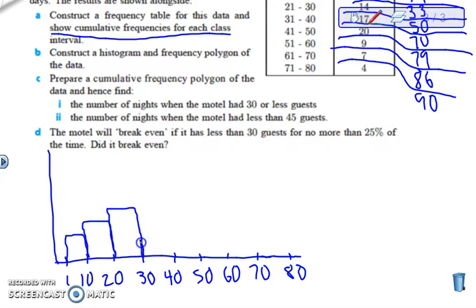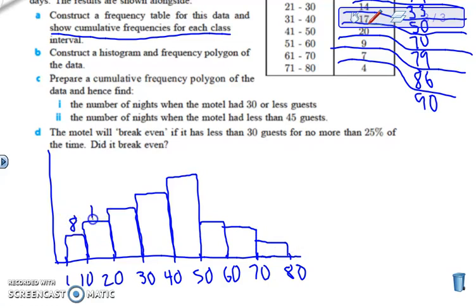Then 17, 20, 9, then 7, and then 4. Go ahead and write those numbers just to keep track, since it will make more sense than trying to make the scale.